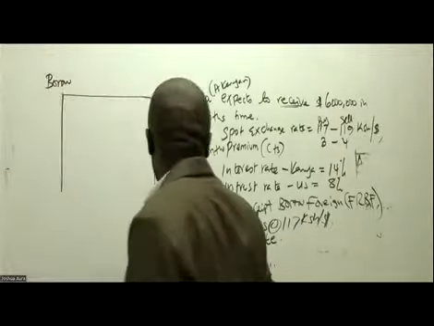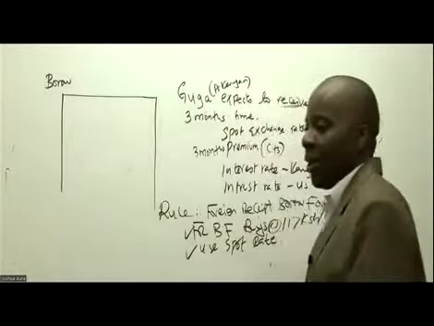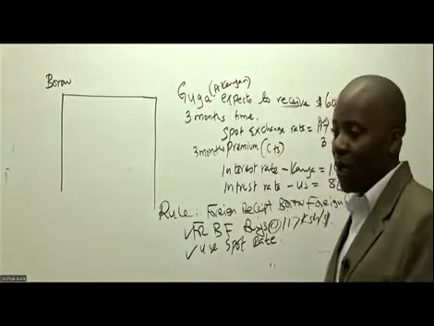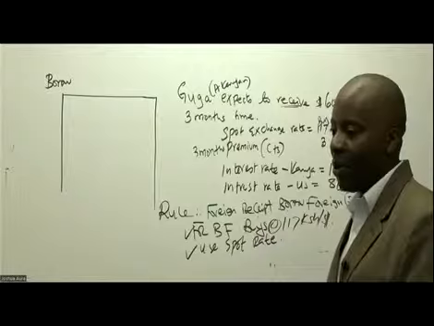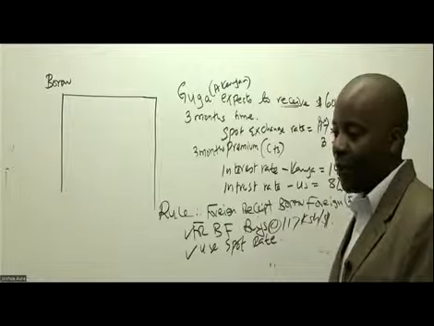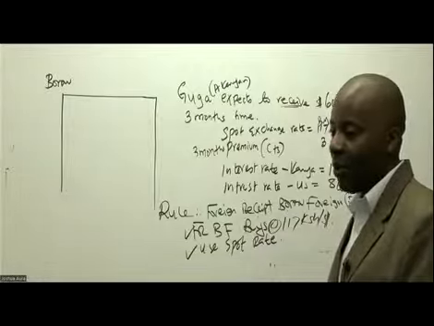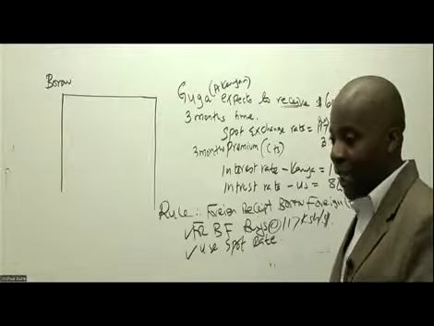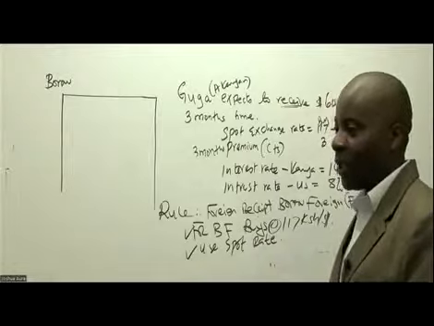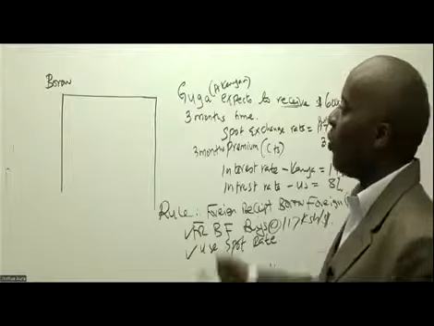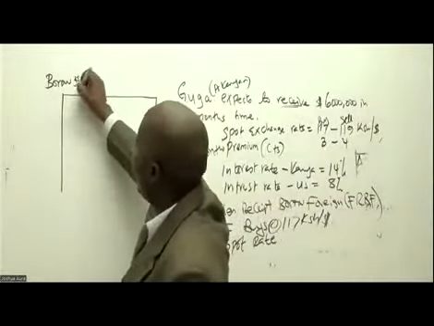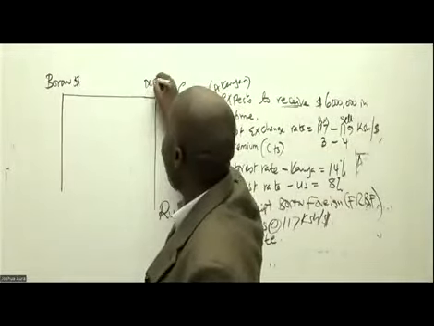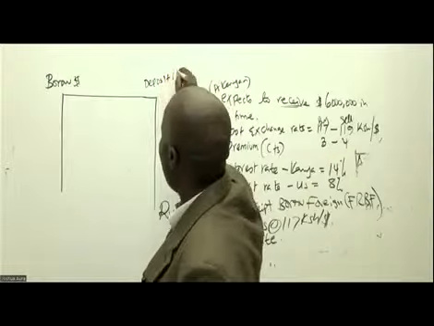Remember, it is foreign receipt, borrow foreign. So which currency will this gentleman borrow? The dollar. Remember, he's a Kenyan, so what is foreign to him is the dollar. So borrow the dollar.